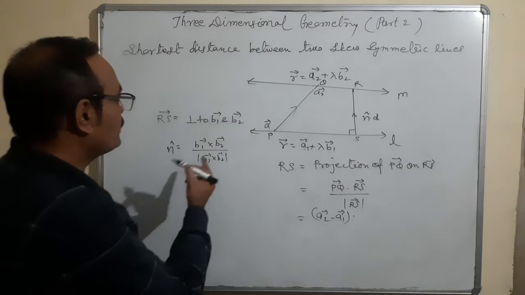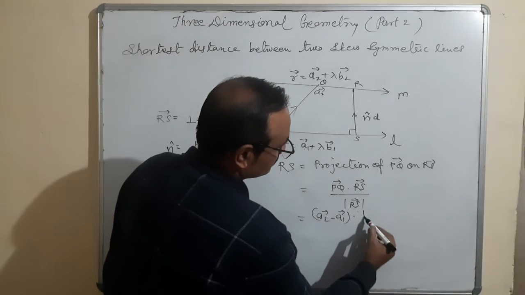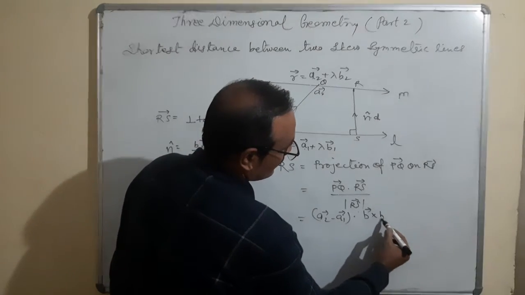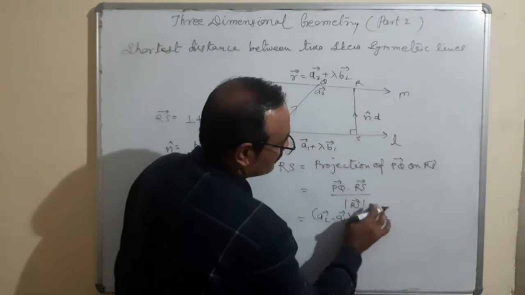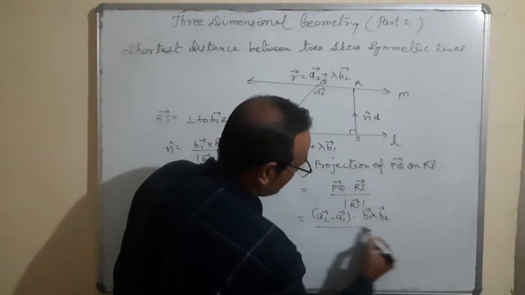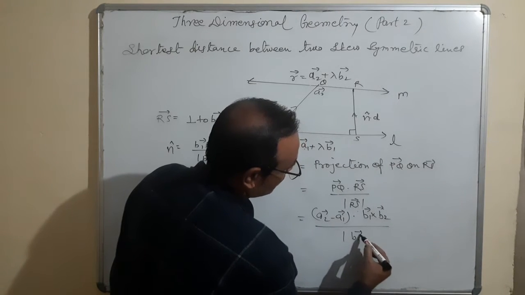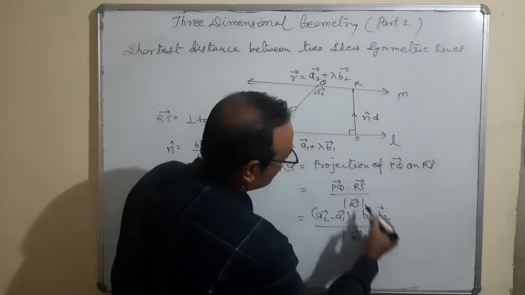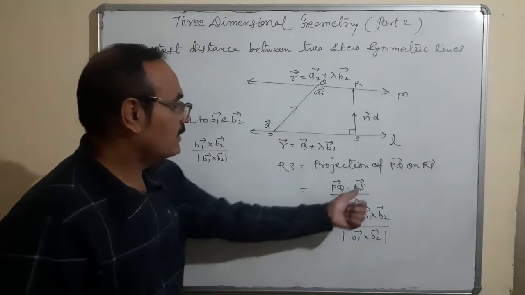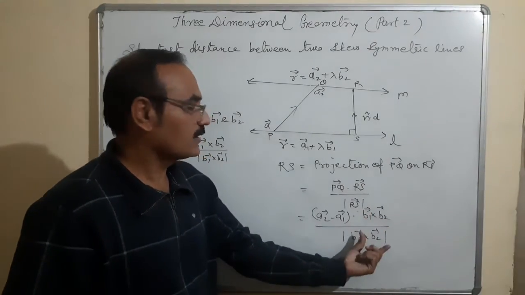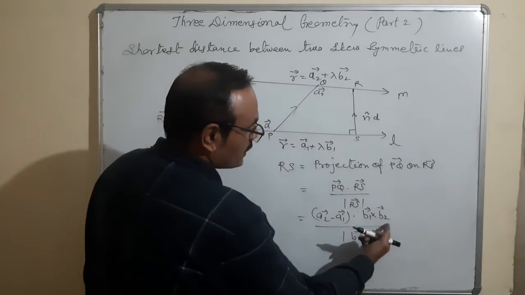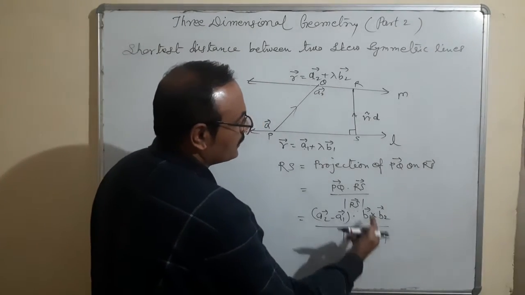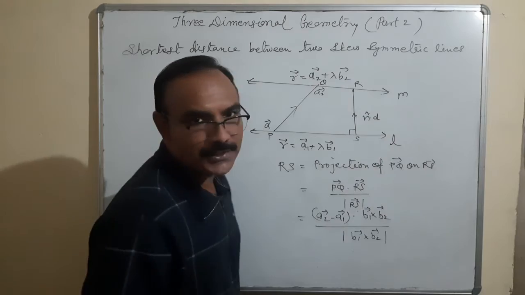RS is equal to B1 cross B2 upon magnitude of B1 cross B2. Everything which I have written here is a unit vector, so directly n multiplied by d. So B1 cross B2 upon magnitude of B1 cross B2 is the meaning of RS upon magnitude of RS.